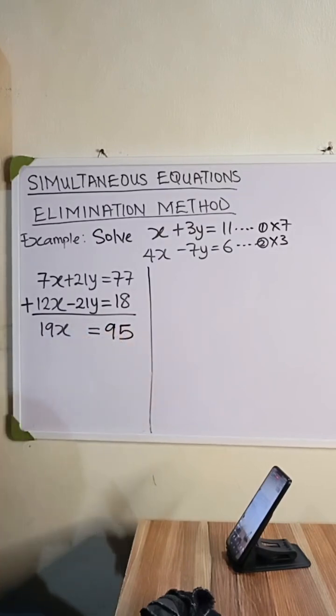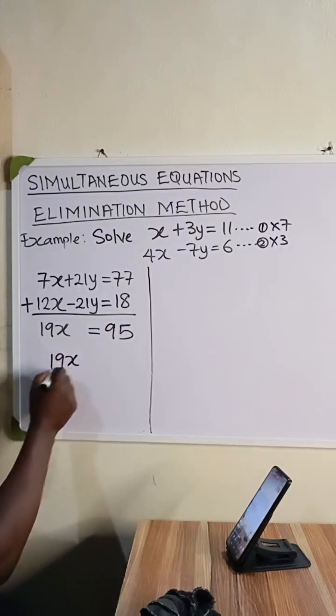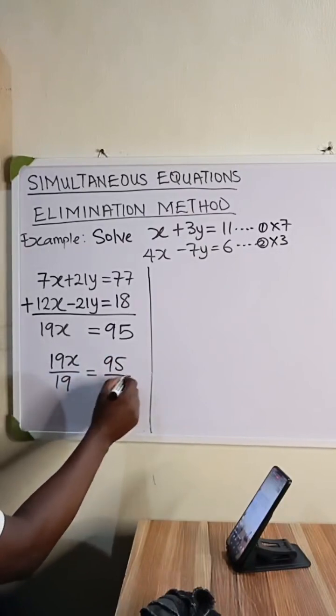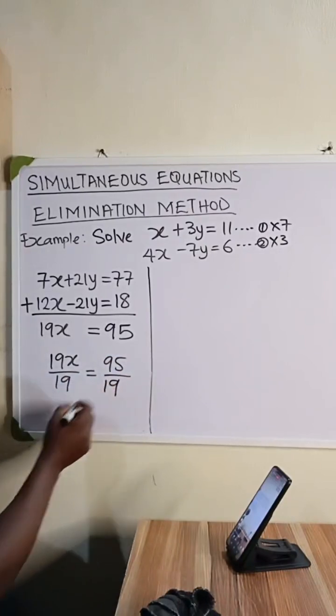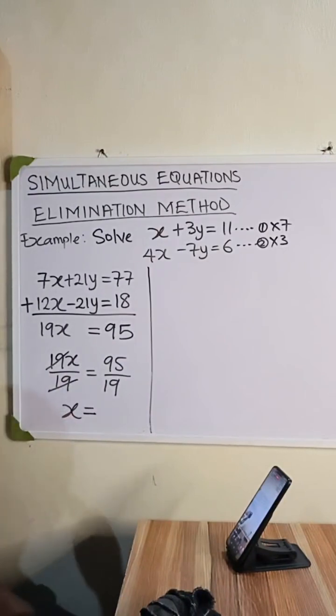So we have 19x is equal to 95. So we can divide both sides by 19. We have 19x all over 19 is equal to 95 all over 19. So 19 will cancel out 19. We have x is equal to.